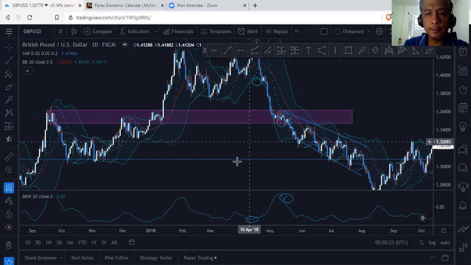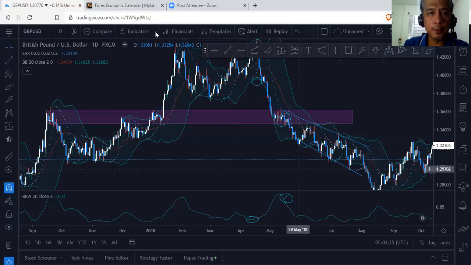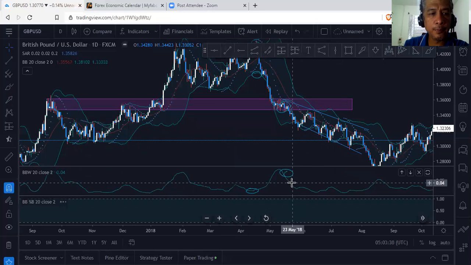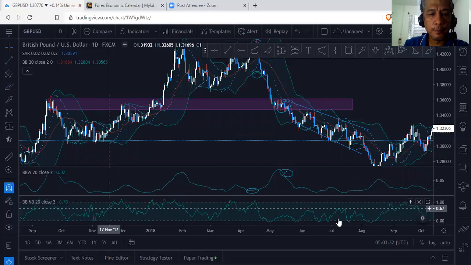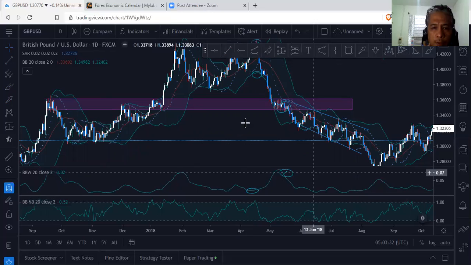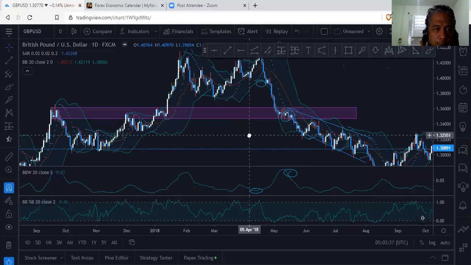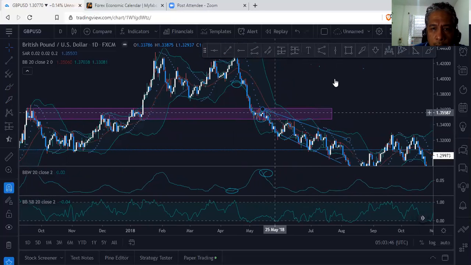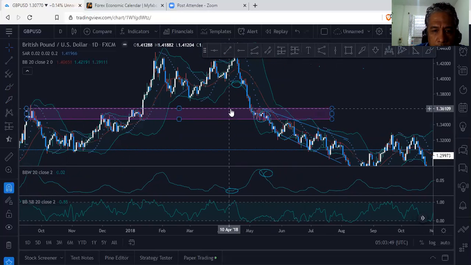Plus, we can put the Bollinger Band percentage B. See this one? This is the Bollinger Band percentage B. So you can see it here, look at this area.